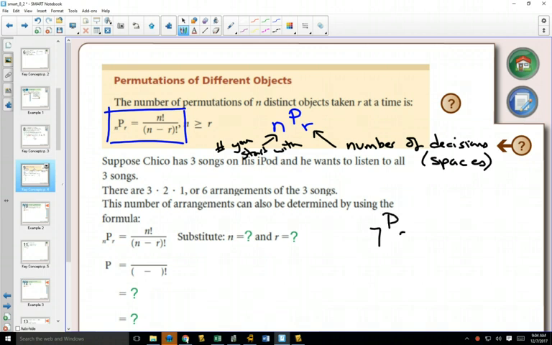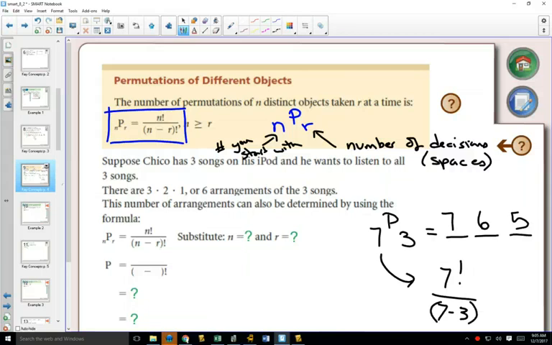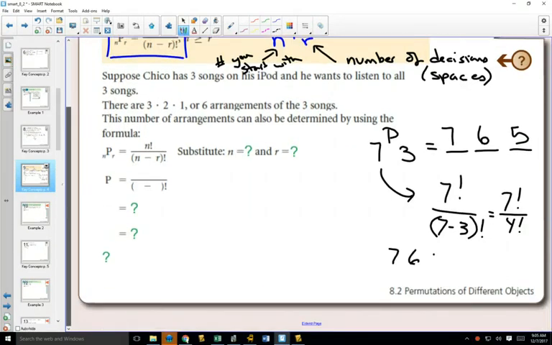So here if I did 7P3, well that's 3 spaces, starting with 7, then 6, then 5. But according to the formula it's 7 factorial over 7 minus 3 factorial, which is 7 factorial over 4 factorial. And if you expanded them completely, 7, 6, 5, 4, 3, 2, 1 over 4, 3, 2, 1, all multiplied in between, well, then these would all cancel out, and you have 3 numbers left, which matches with our 3 spaces starting with 7, then 6, then 5.